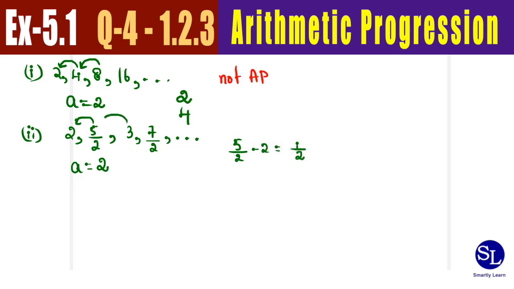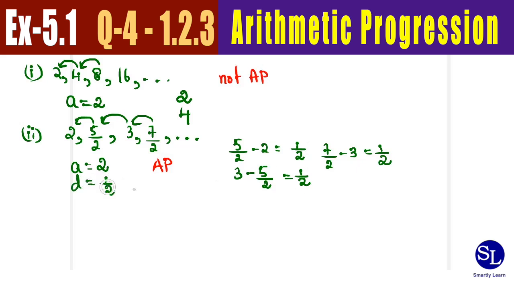Now between 3 and 5 by 2, let's calculate again. So 3 minus 5 by 2 is another 1 by 2 and 7 by 2 minus 3 is also another 1 by 2. So this is an AP, wherein the common difference D, as we have computed here, is half.